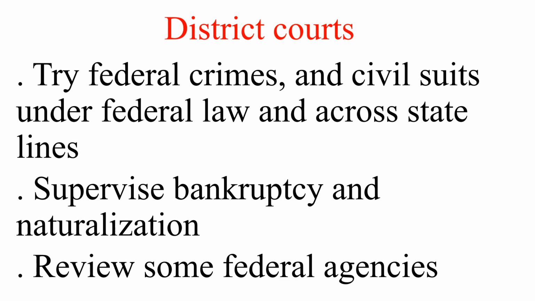So if any of you is a naturalized U.S. citizen, then the court where you were officially made a U.S. citizen was a federal district court. And lastly, district courts review some federal agencies as well to make sure that their work is done in a legal and constitutional fashion.